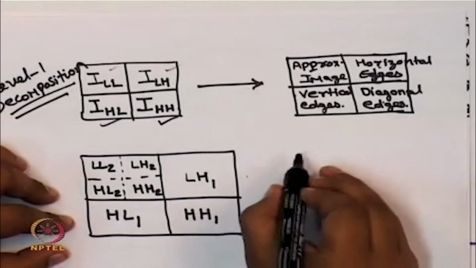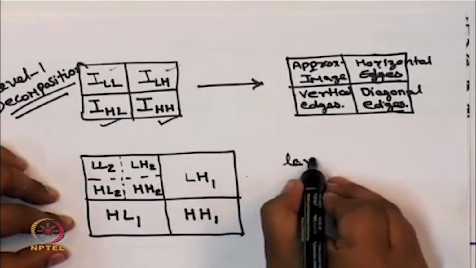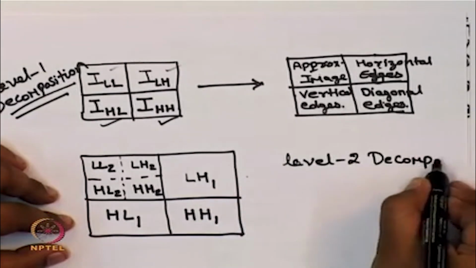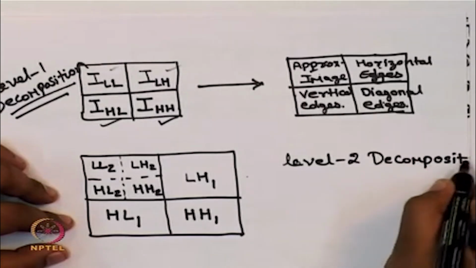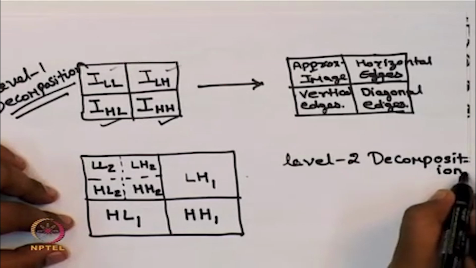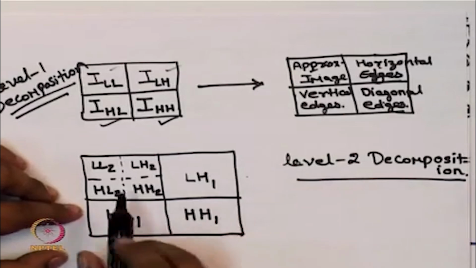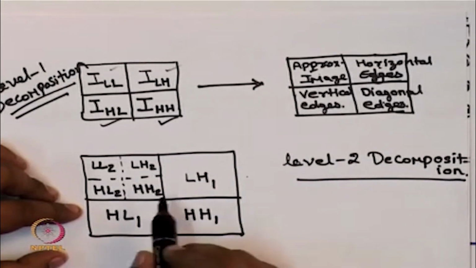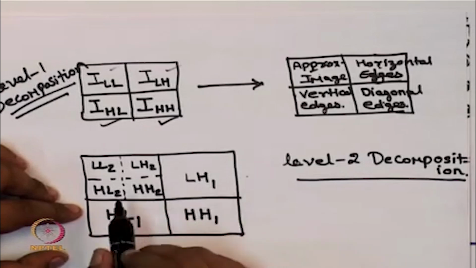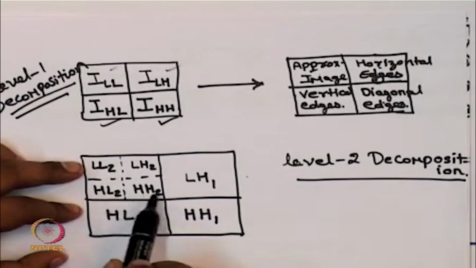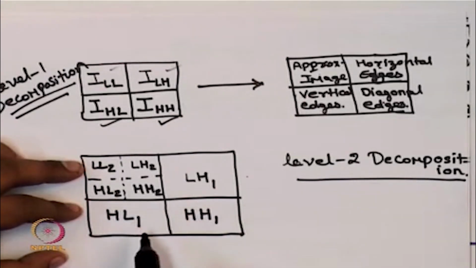This kind of decomposition is called level 2 decomposition. It has 7 subbands, out of which 4 subbands correspond to level 2, and those 4 subbands are LL2, LH2, HL2 and HH2, and 3 subbands correspond to level 1, which are LH1, HL1 and HH1.